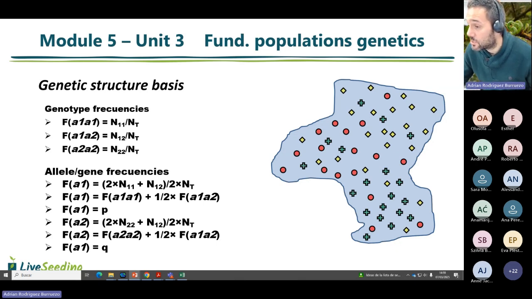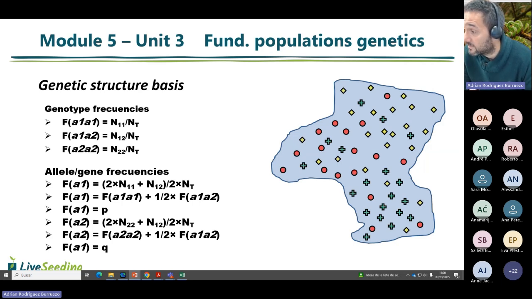Okay. There is also another way to estimate the frequency of this allele, which is on the basis of the genotype frequencies. The frequency of allele A1 is equal to the frequency of the homozygote which contains allele A1, the frequency of individuals A1A1, plus half the frequency of the heterozygotes, which contain this allele.